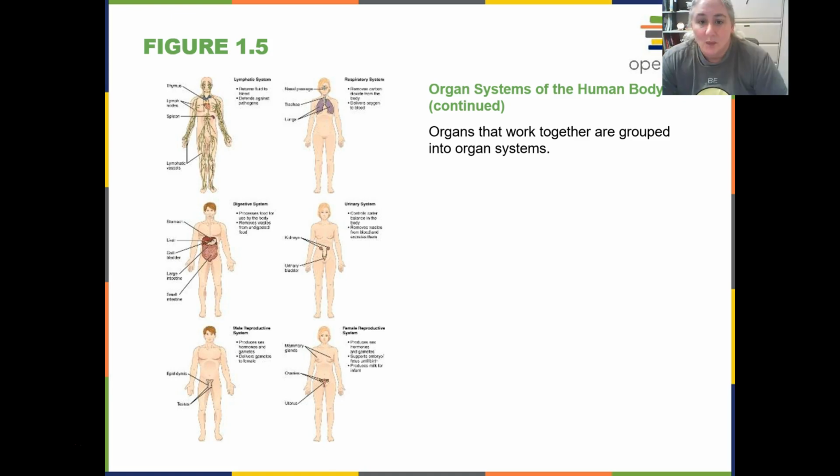Then we have reproductive system. That's our last organ system. The reproductive system is composed of testicles, the vas deferens, the seminal vesicles, the urethra for the males. It has accessory organs, including your prostate, bulbourethral gland.